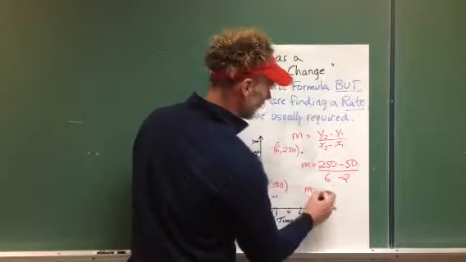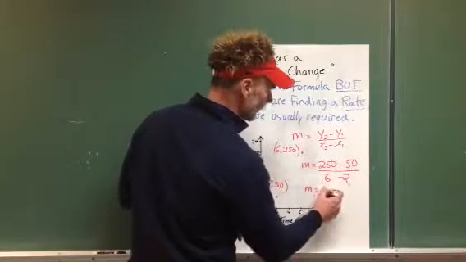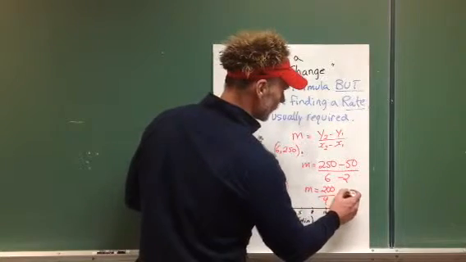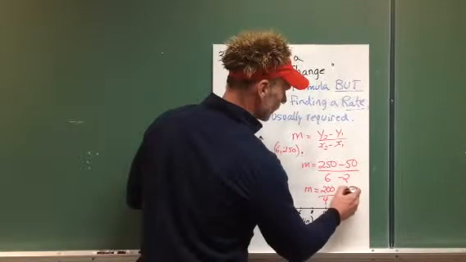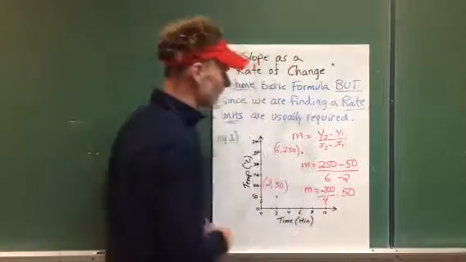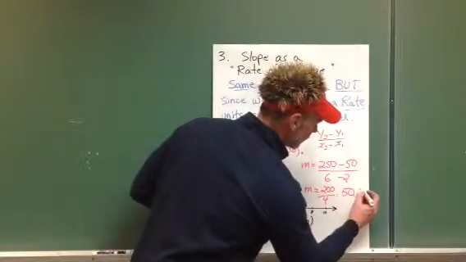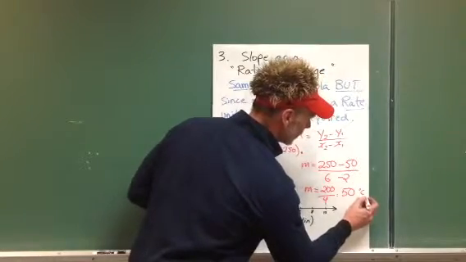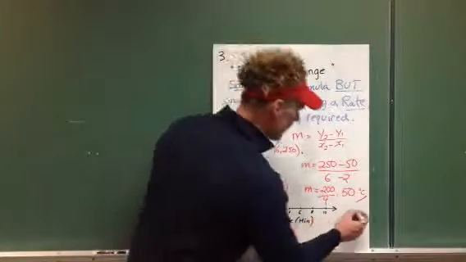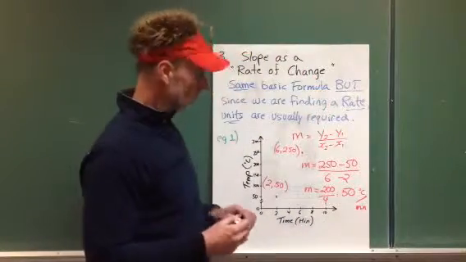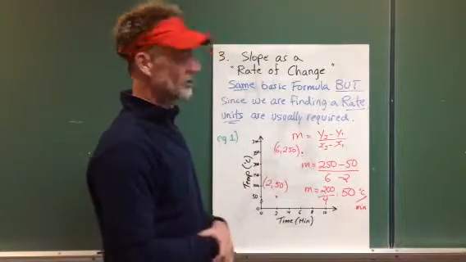So now my slope, or my rate of change, is 200 over 4, which equals 50. 50 what? 50 degrees Celsius per minute. That is my rate of change of the heating of that substance.